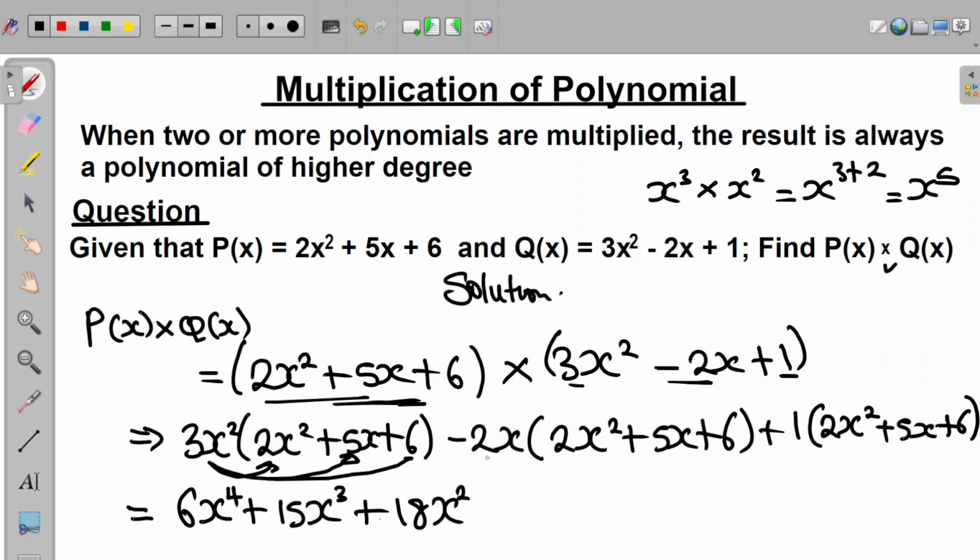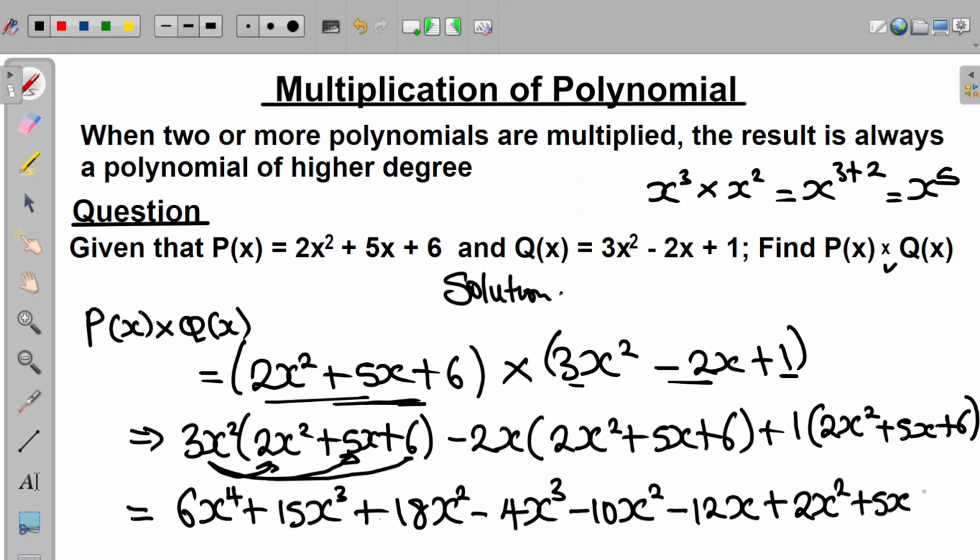Now also, minus 2x multiplied by 2x squared is giving us minus 4x cubed. Minus 2x multiplied by 5x is minus 10x squared. Minus 2x multiplied by 6 is minus 12x. Plus 1 times 2x squared is 2x squared, 1 times 5x is 5x, and 1 times 6 is 6.